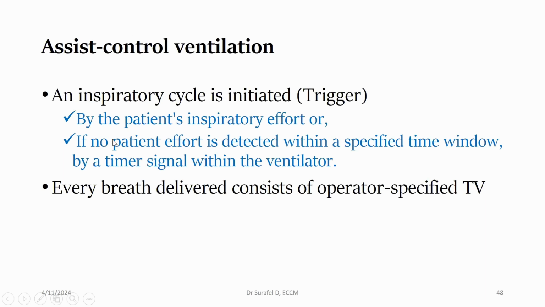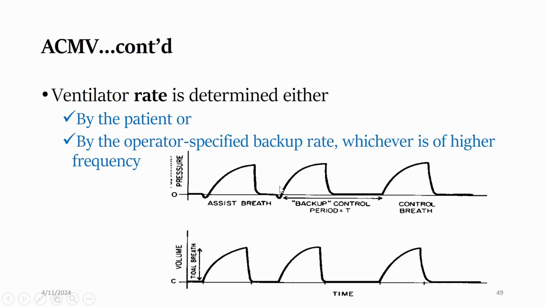So the assist controlled ventilation AC mode, every breath's inspiratory cycle is initiated or triggered by the patient, by the patient's inspiratory effort. If there is no patient respiratory effort within a specific period of time, there will be a mandatory breath delivered. For example, you can see here, whenever a patient breathes, it gives a full breath, that's called assist.